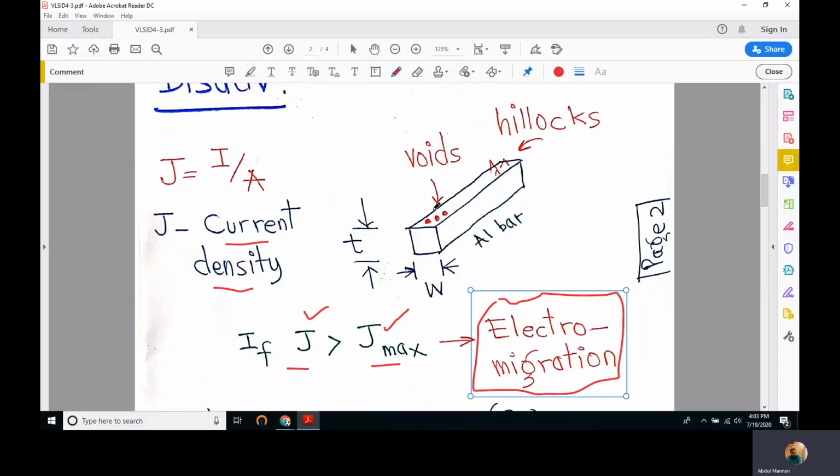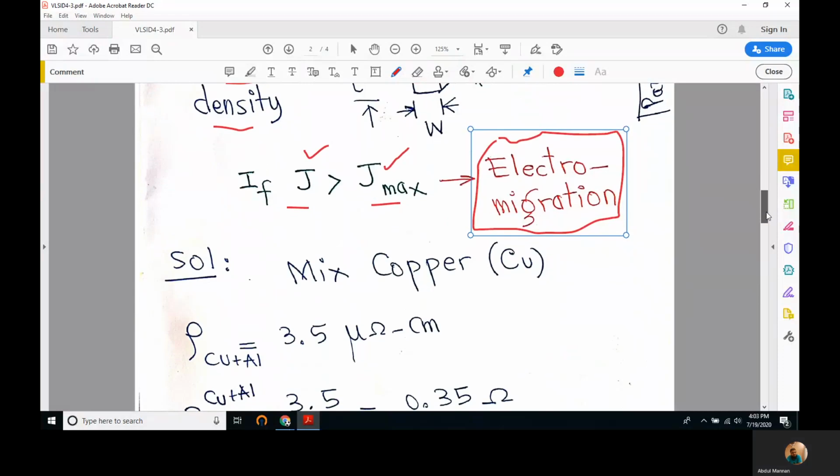This leaves voids or gaps on one side and small hills on the other side. The hills are called hillocks, and the gaps are called voids. So this deforms the metal, and it's an undesirable effect. How to address this problem is by mixing copper with aluminum.